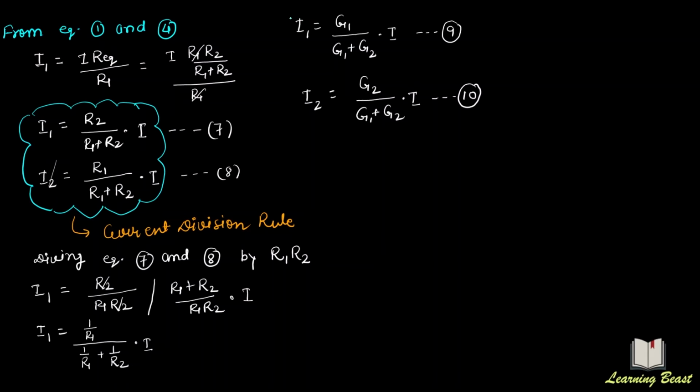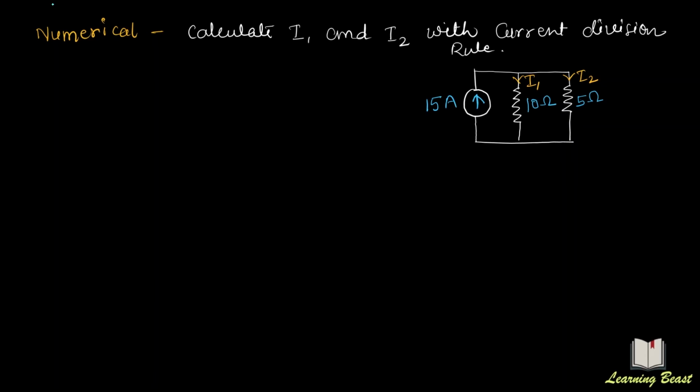Now, these two equations also represent the current division rule in the form of conductance, and it says that the current in any resistor is directly proportional to the conductance of the resistor divided by the sum of conductances, into the supply current. Now we will solve this problem, and in this numerical we have to calculate the value of I1 and I2 with the help of current division.